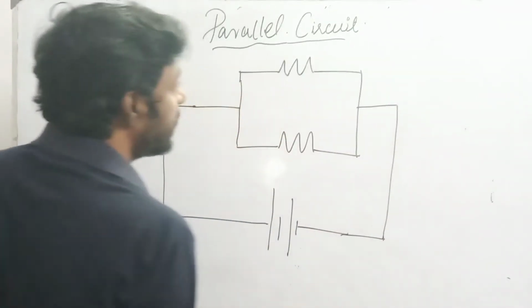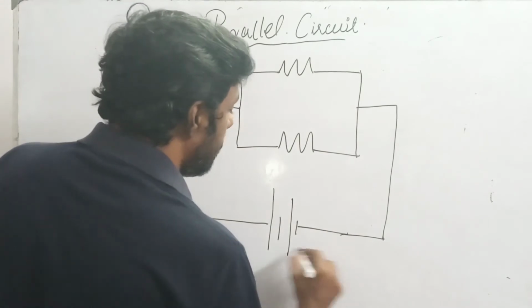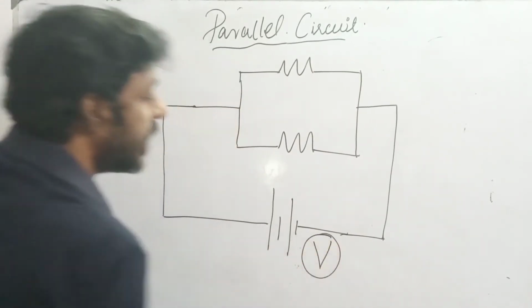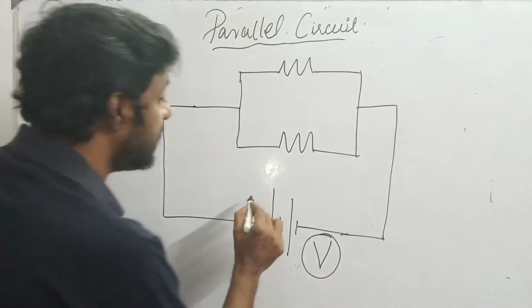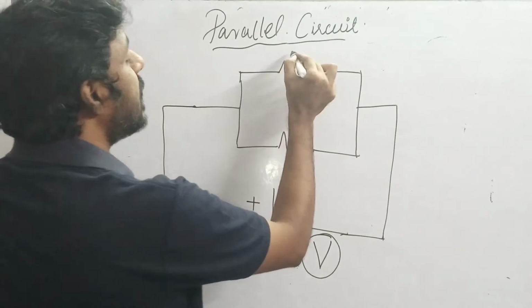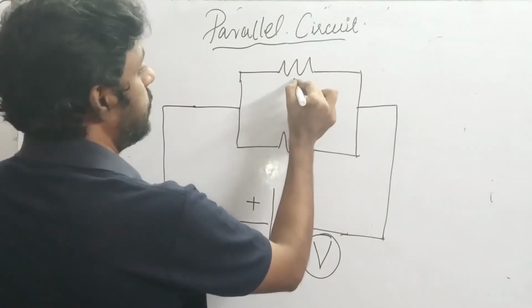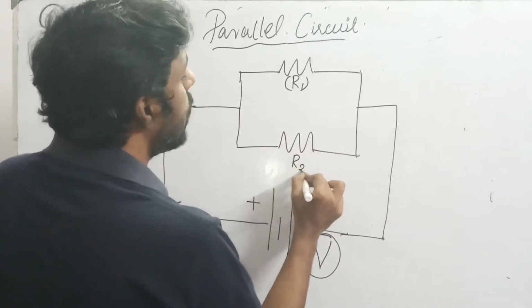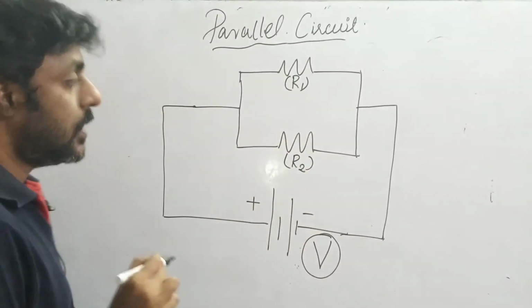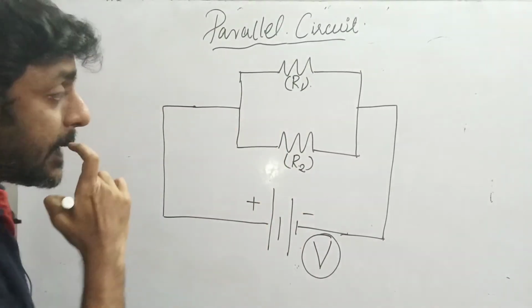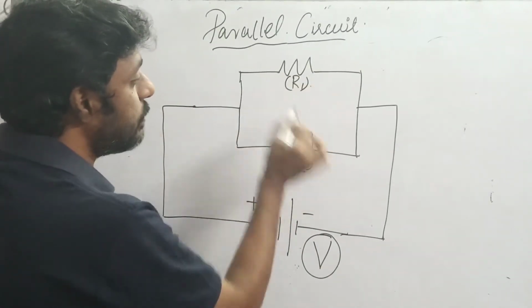Let us assume that the battery has a voltage V. This is the positive terminal, and this is the negative terminal. Let R1 be the value of this resistor and R2 be the value of this resistor. So both the resistors are connected in parallel.